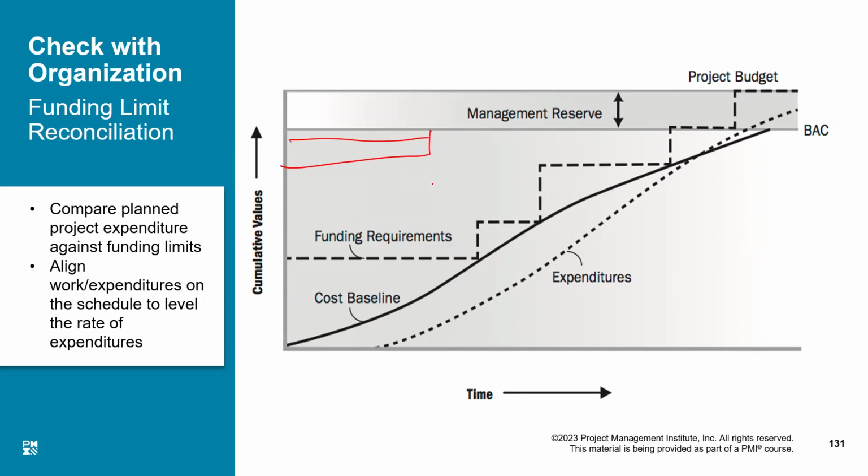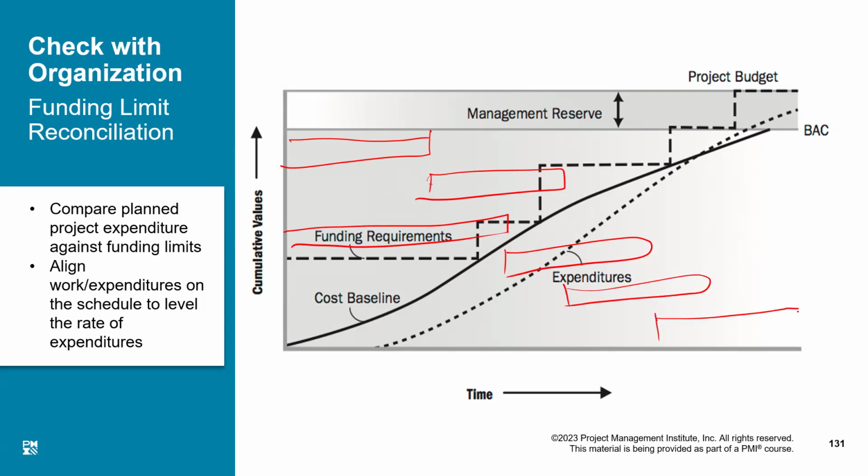For example, this is your project. These are your activities, maybe like this, something like this. This is your schedule. This activity was supposed to be 10 days long, right?